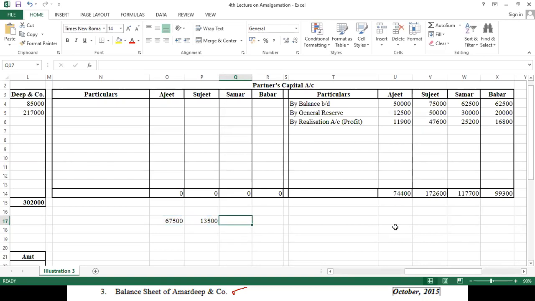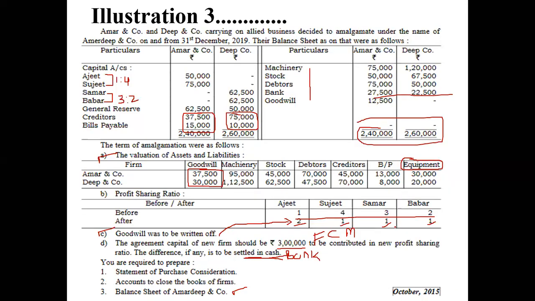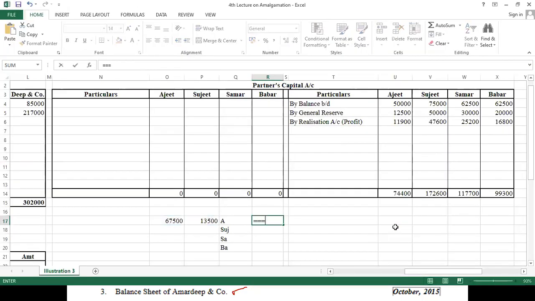So we have four partners called Ajit, Sujit, Samar and Babar. ठीक है, अजीत को कितना देना बेटा हमको? 2. So this particular amount multiply by 2, and for the rest of the partners we have ratio as single. So 13,500 and 13,500 for Sujit, Samar and Babar.